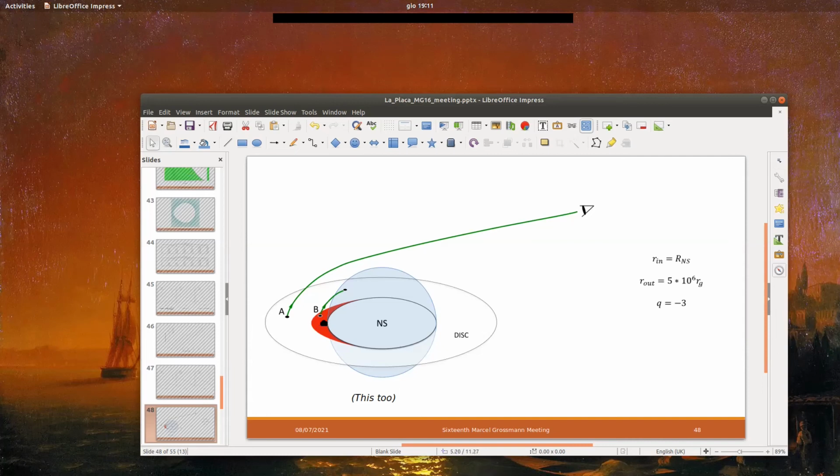This is what we found by simulating it and fitting those data. Of course, you introduce a degeneracy: it could be a fast rotating smaller, more oblate star, or it could be a Schwarzschild spherical star. But still, it's nice to know that it holds up in a certain way.